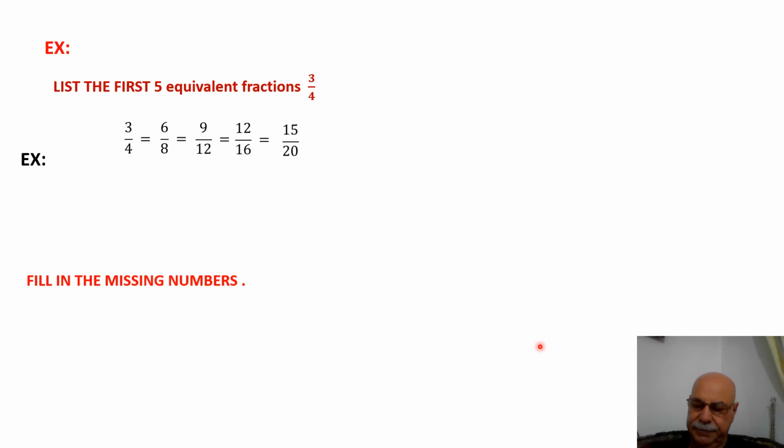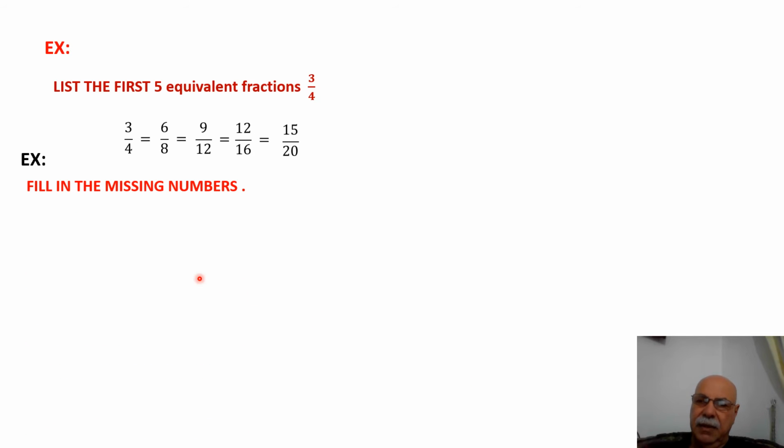Example again. Fill in the missing number. I want to know the missing number in the fraction. I have 1/2 equals a missing number over 10. How can I get this number?